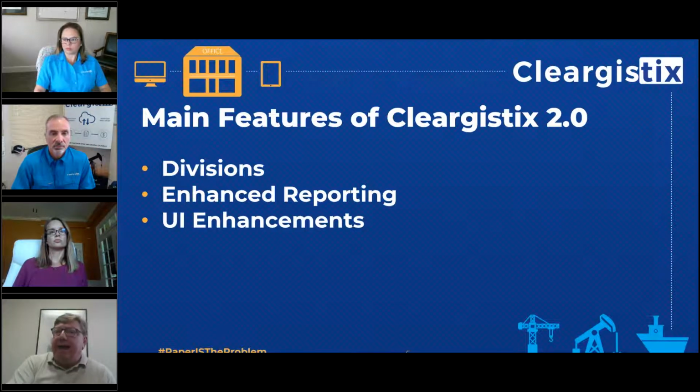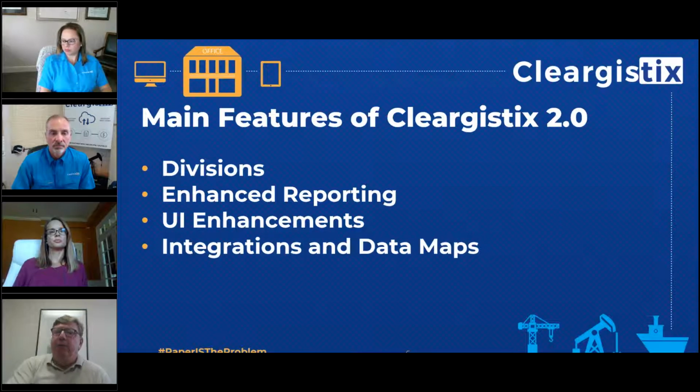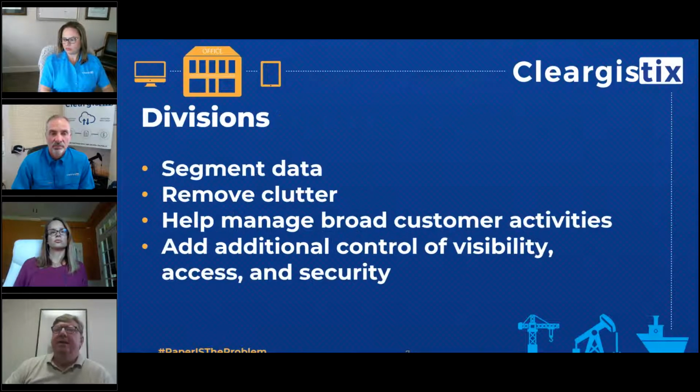You may now optimize the mobilization of your workforce through significant UI enhancements for field users using tablets, laptops, and phones. And we'll take a look at that in just a minute. And 2.0 provides better systems for easily managing how you get info out of Cleargistix through flexible mapping functionality for export and integration. So let's take a closer look at these features.